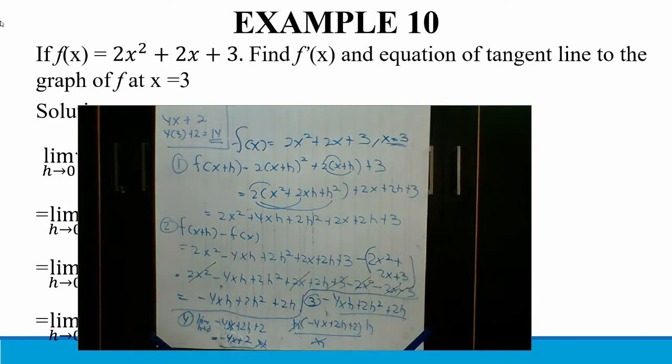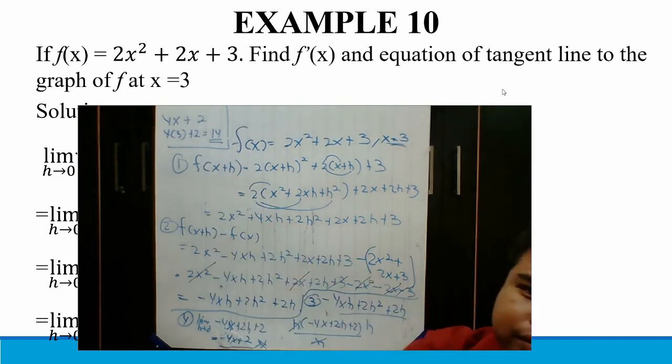So for the tangent point, you want to find the equation of the tangent line, the value you get is 14.